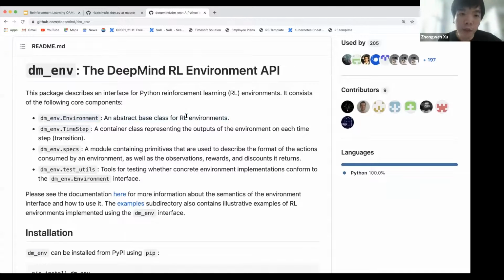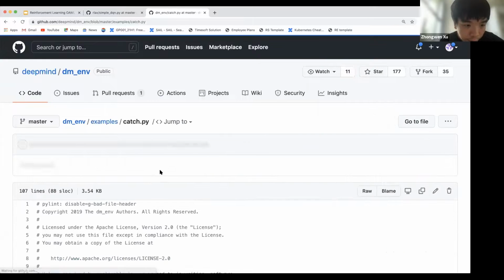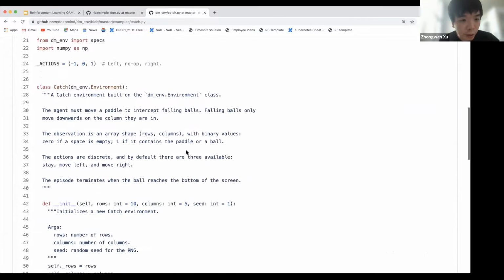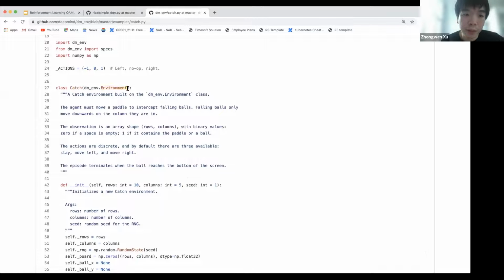If you would like to implement your own reinforcement learning environment or to incorporate an existing game into this API, what you really need to do is, let's see, just take you to the actual code example. You can just inherit from this abstract environment.